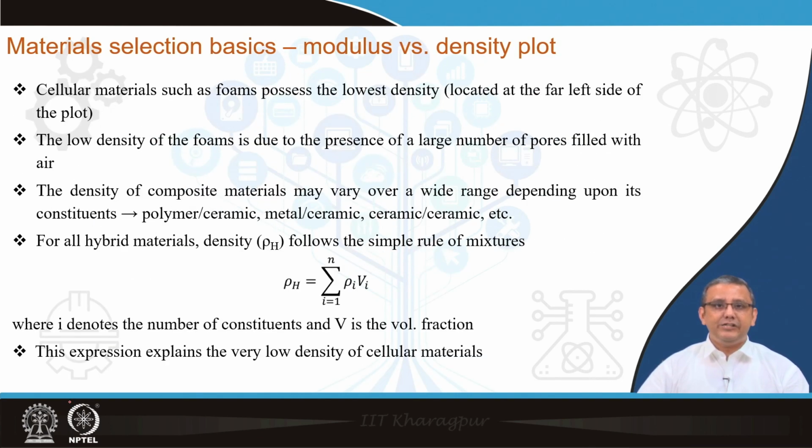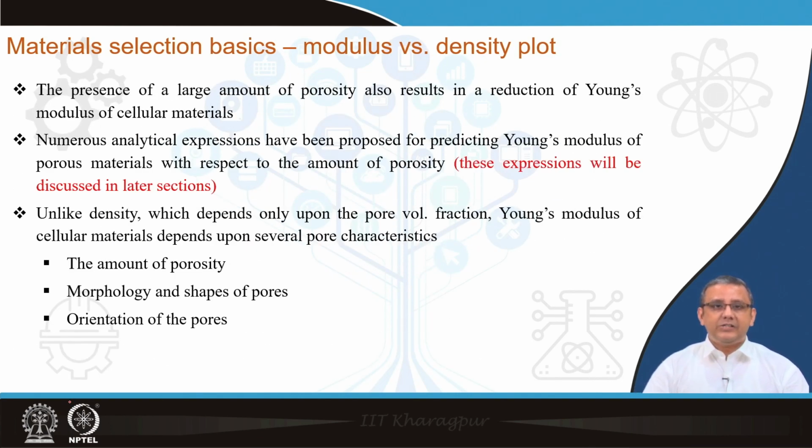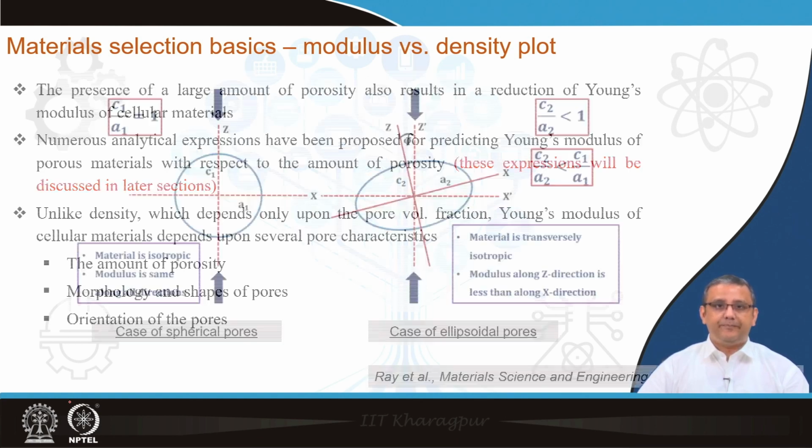But as I just mentioned, the properties of cellular solids are not only a function of the amount of porosity, they also depend upon the pore morphology and the orientation of the pores. Again, these things will be discussed in much more detail in the future lectures. But to give you a brief introduction, I refer to the next slide, where I briefly discuss the influence of the pore morphology.